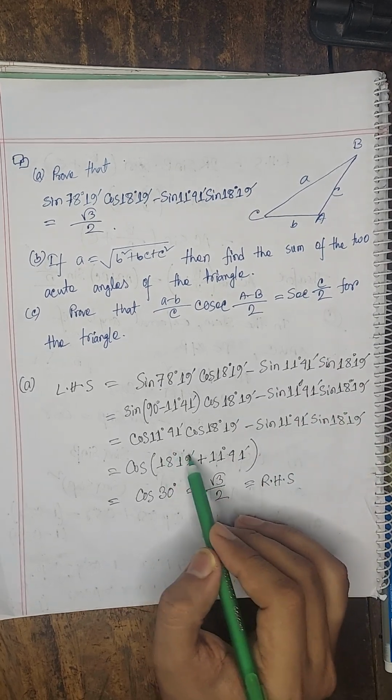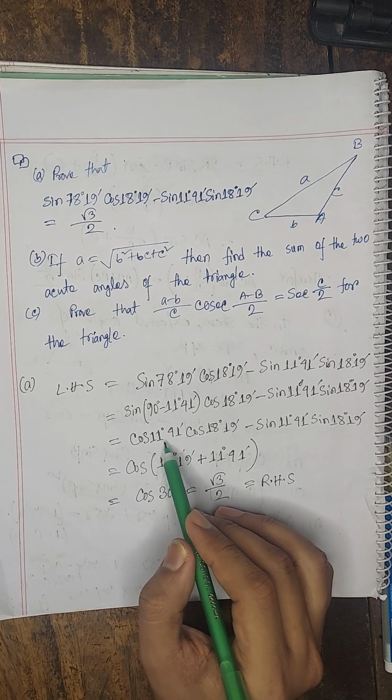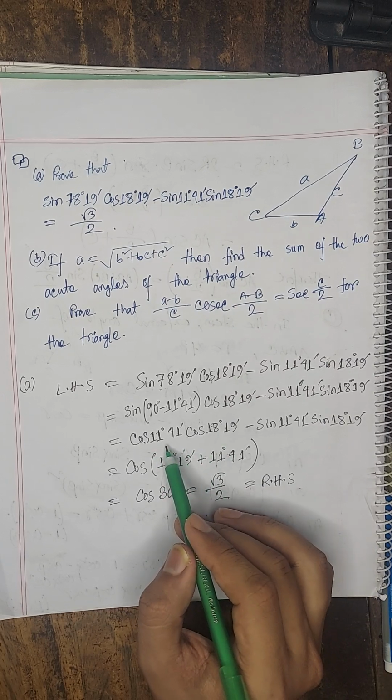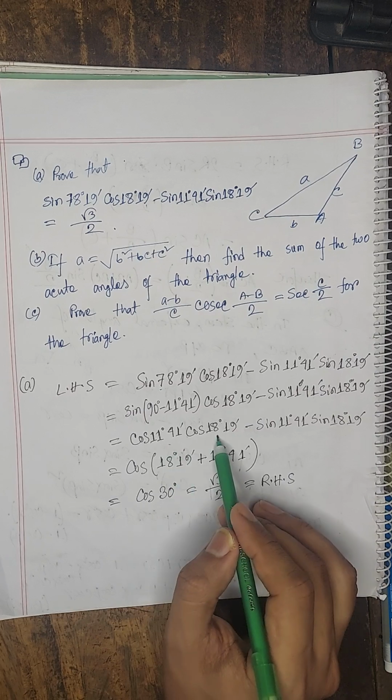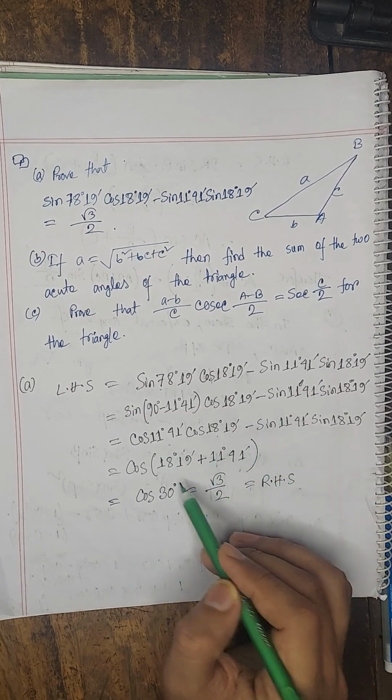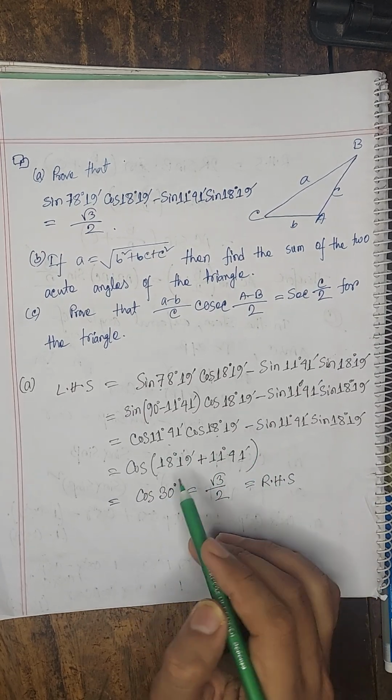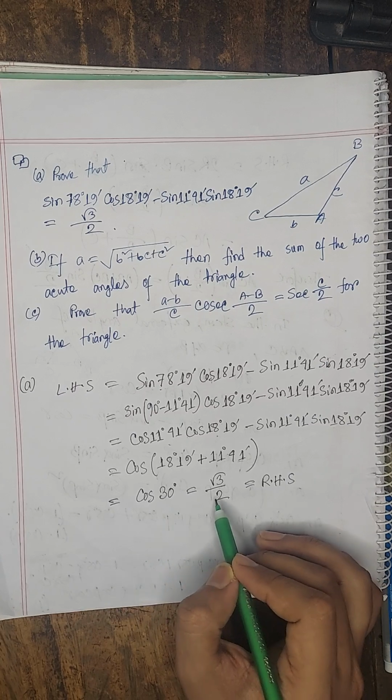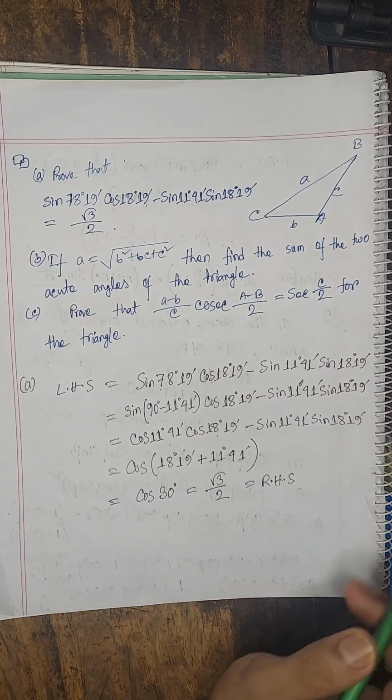Then we get the formula cos (A plus B) equals cos A cos B minus sin A sin B, so we can now write cos (A plus B). Then we get cos 30 degree, which is root 3 by 2, and this is the right hand side.